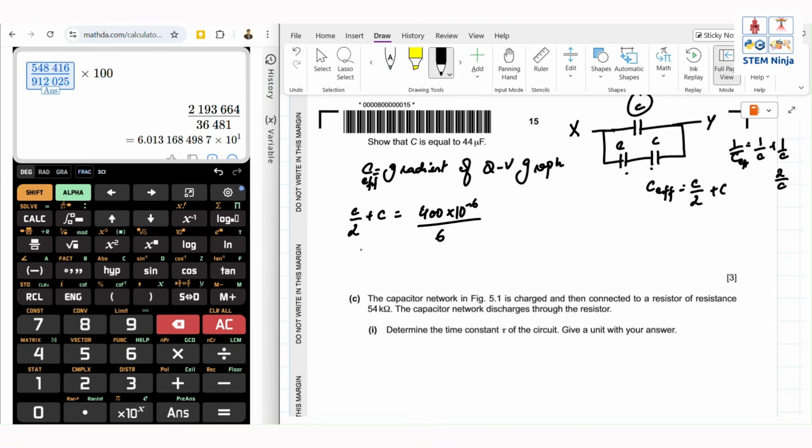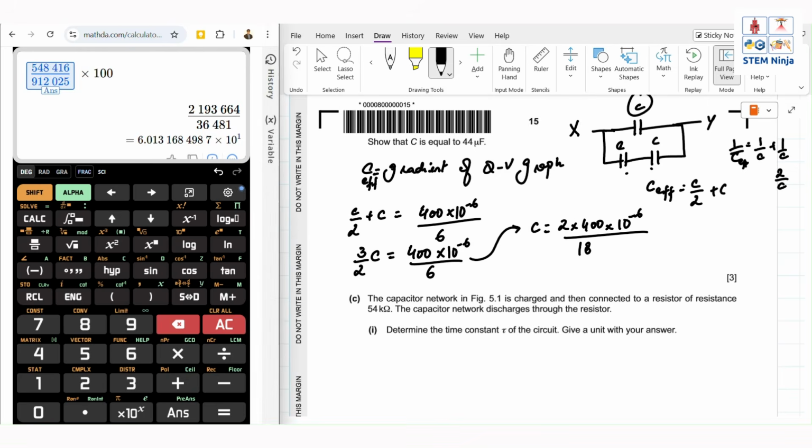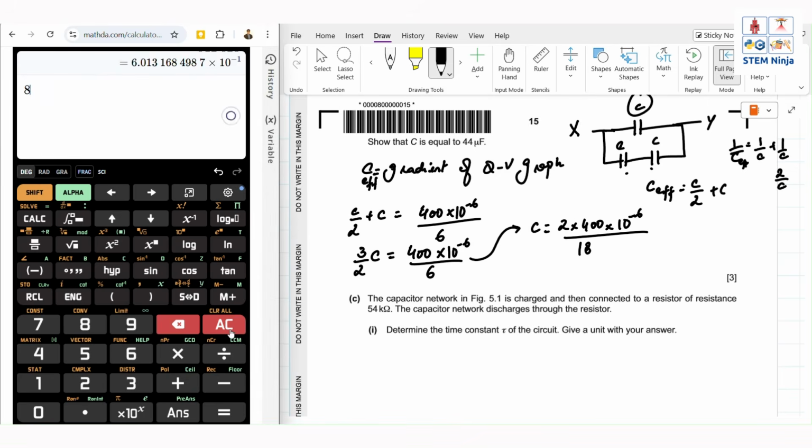C over 2 plus C is basically 3 over 2 C, equals 400 times 10 raised to power minus 6 over 6. And C would be 2 times 400 times 10 raised to power minus 6 over 3 times 6. So 2 times 400, 800, divided by 18, times 10 raised to power minus 6.